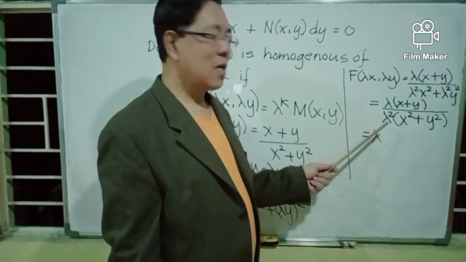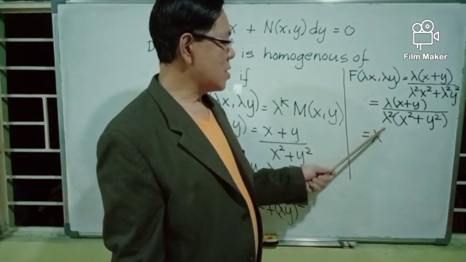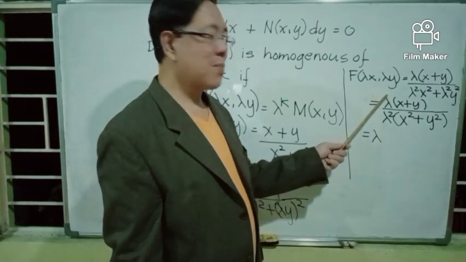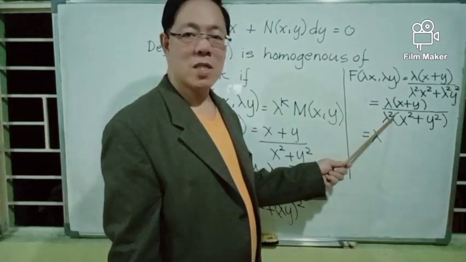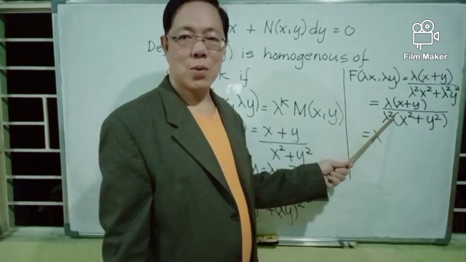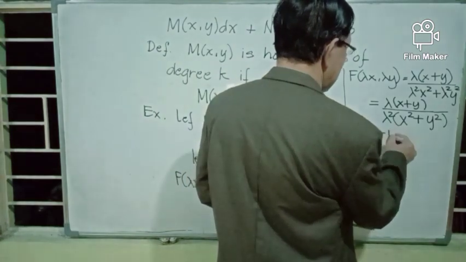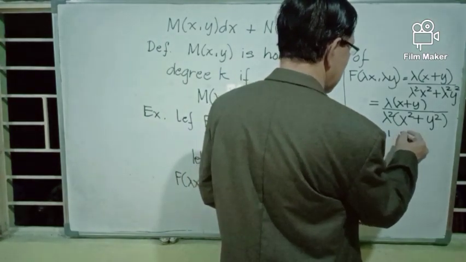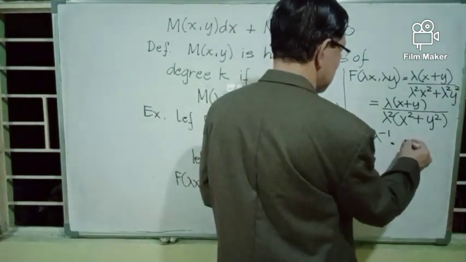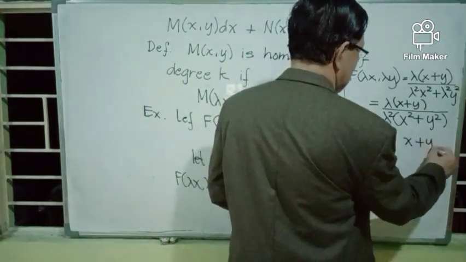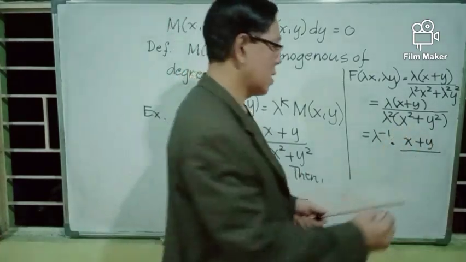By the property of exponents, lambda divided by lambda squared equals lambda to the power of the exponent in the numerator, 1, minus the exponent in the denominator, 2. 1 minus 2 is negative 1. Negative 1 multiplied by x plus y divided by x squared plus y squared.